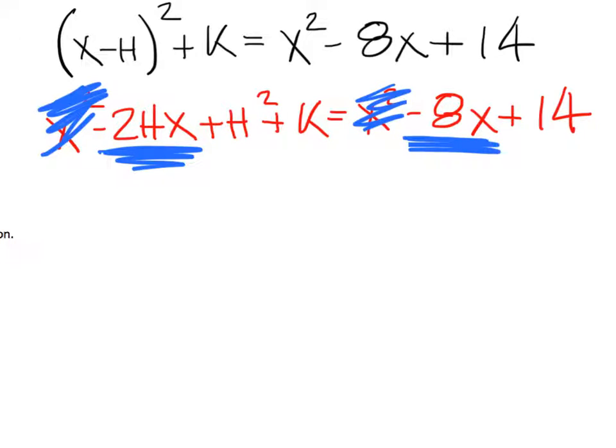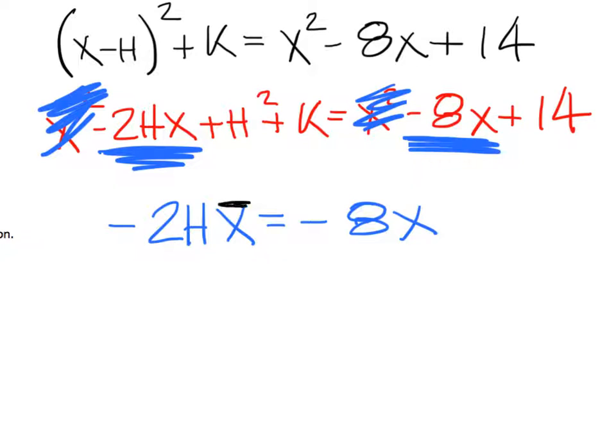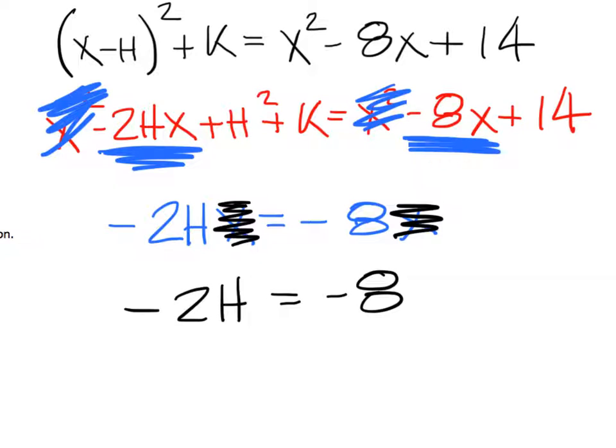Therefore, we must have negative 2hx set equal to negative 8x. The x's are gone. So negative 2h equals negative 8. Divide negative 8 by negative 2 to get a positive 4.